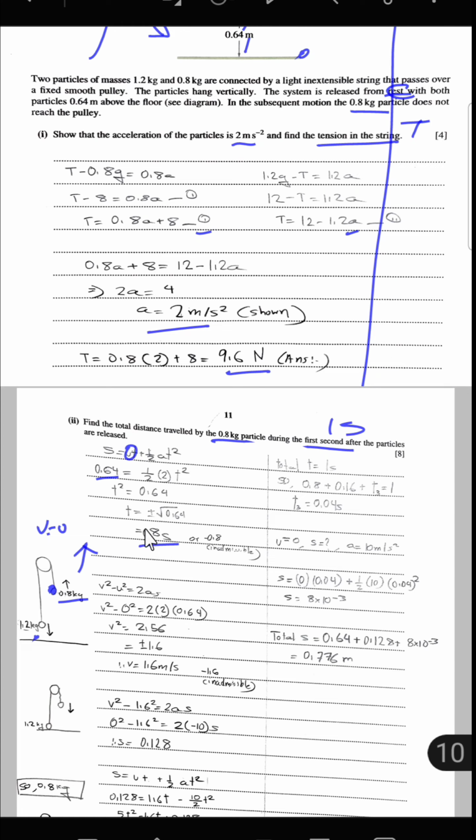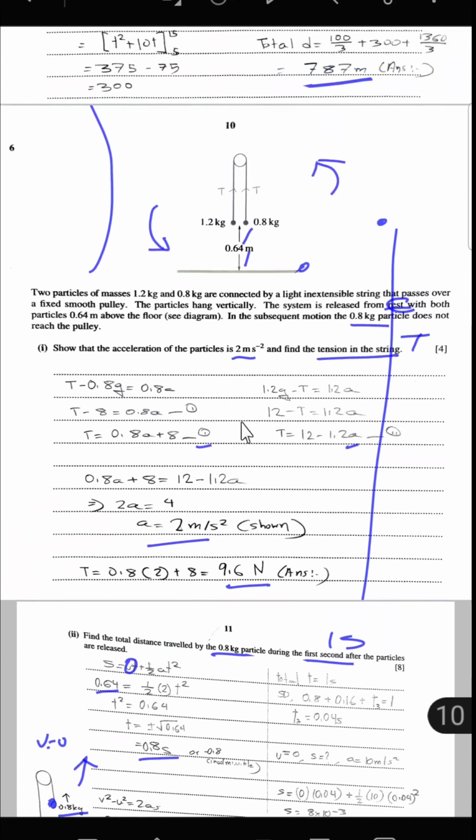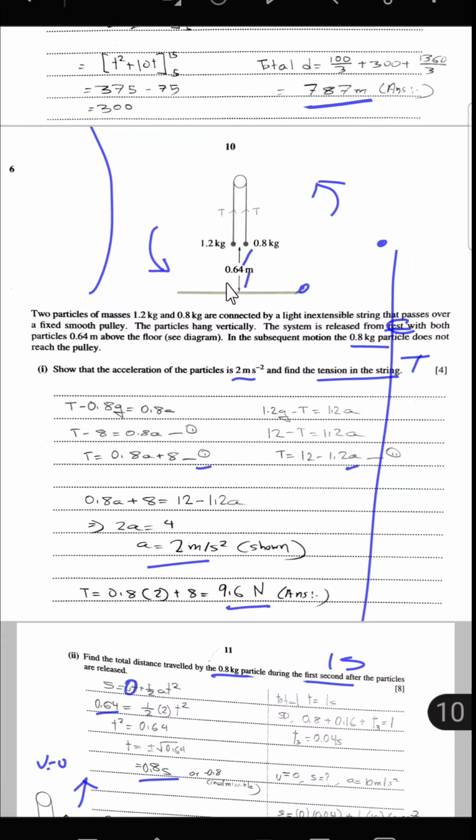Then, knowing the value of t, just before the 1.2 kg particle reaches the ground we need to find its speed, which is also the same speed as the 0.8 kg particle when it is 0.64 meter above.